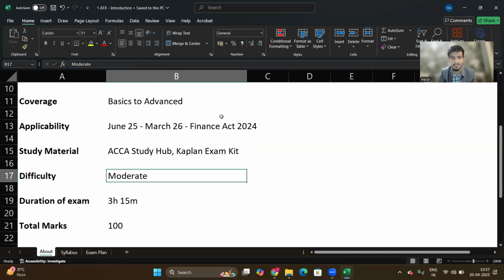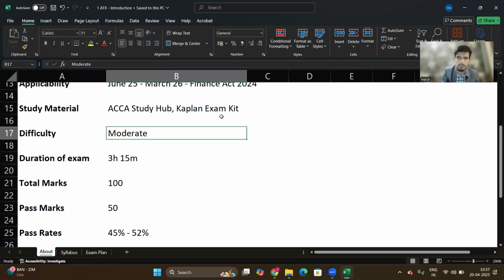The fees have skyrocketed for all the ACCA papers. So this is not easy, but it is not as difficult as you think, because as you learn the tax provisions and practice, it isn't that difficult. But it is not short. It is broad. You have to learn various things.